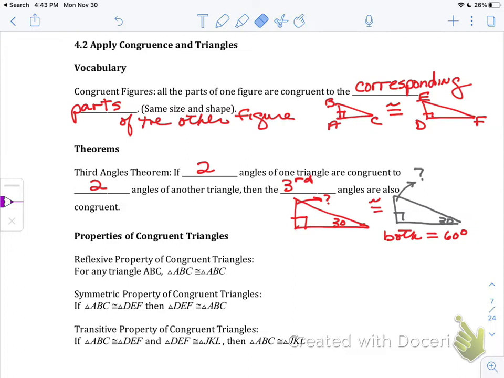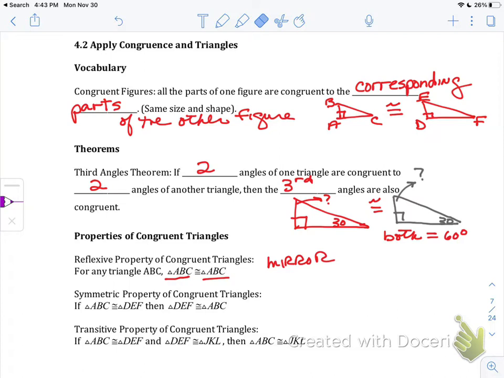Okay, reflexive property is when you say this triangle equals itself. So it's like when you look in the mirror, you say, yep, that's the same as me. So think about this as a mirror type of a property.